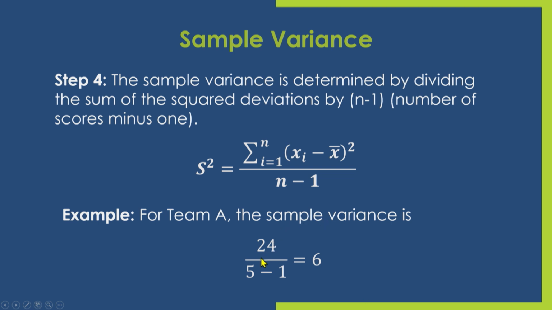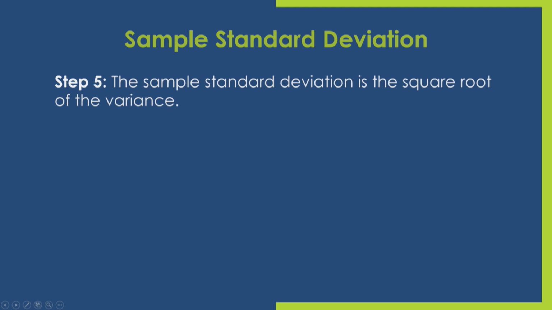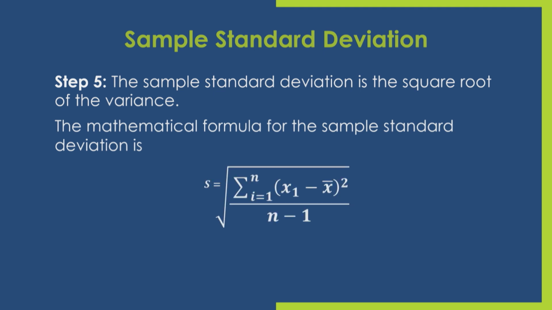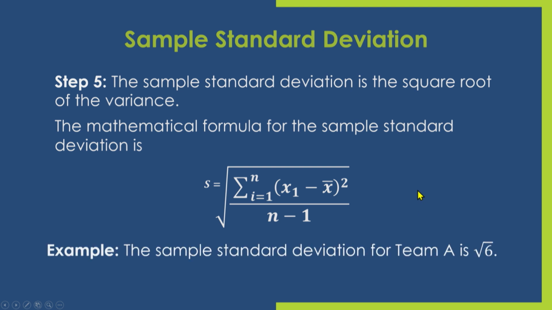Here the total number of players is 5, so n minus 1 is 5 minus 1 equal to 4, and we get the final result as 6. Step 5. The sample standard deviation is the square root of the variance. The formula for the sample standard deviation is the same formula used previously, and we simply take the square root. The sample standard deviation for team A is the square root of 6.